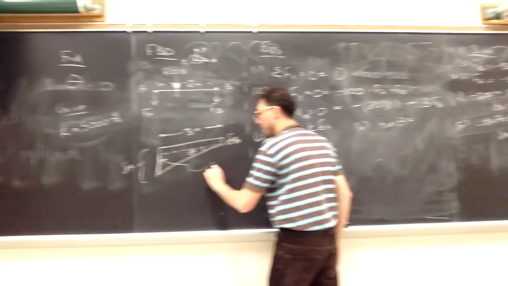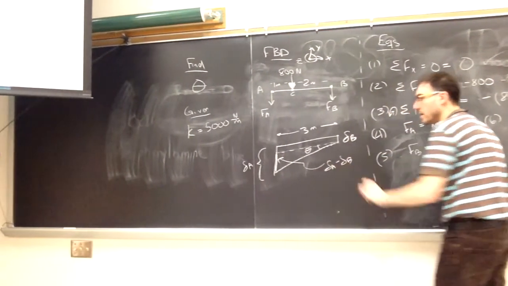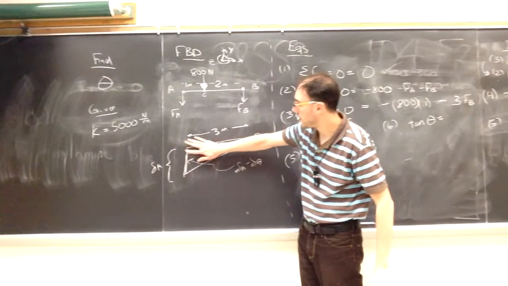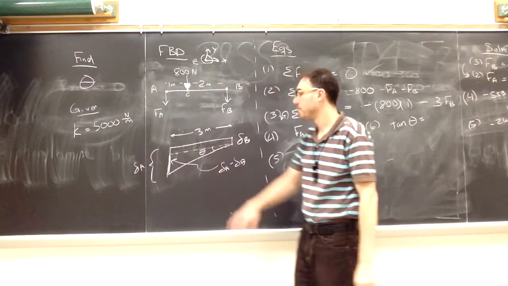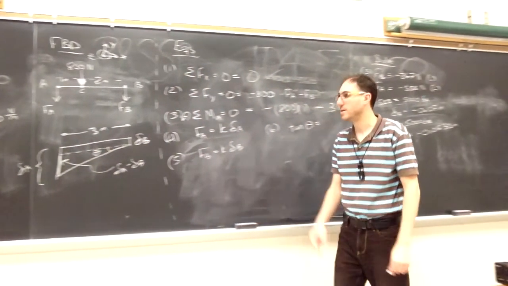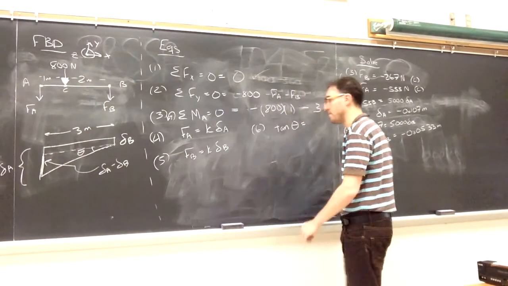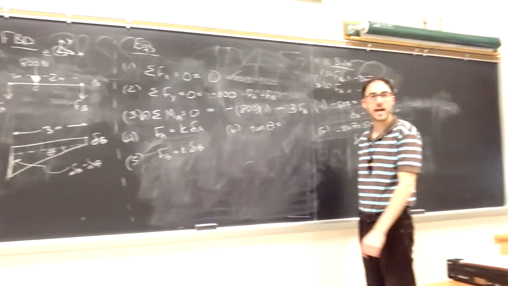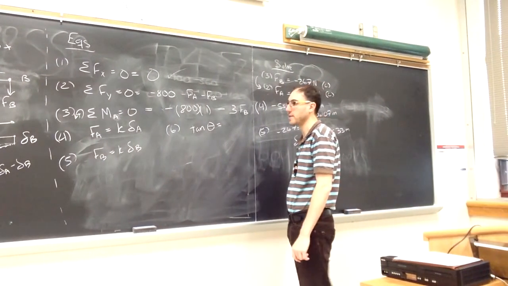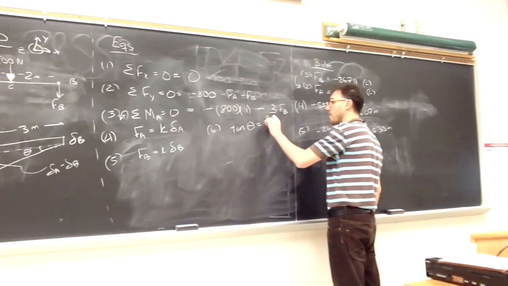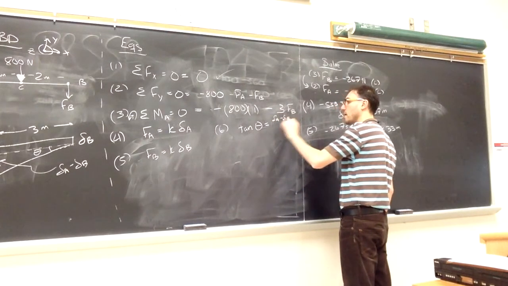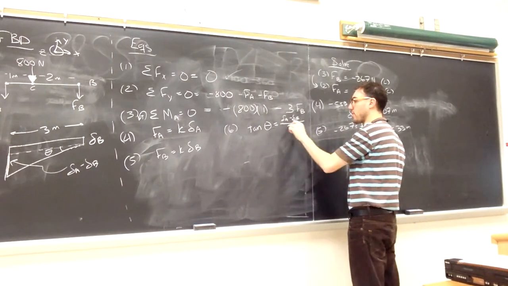So this is delta A minus delta B, since we know this length is delta B and the whole length is delta A, so by the segment addition postulate from geometry, this must be delta A minus delta B. So if I use the tangent, opposite over adjacent, the opposite is delta A minus delta B, and the adjacent is 3 meters.